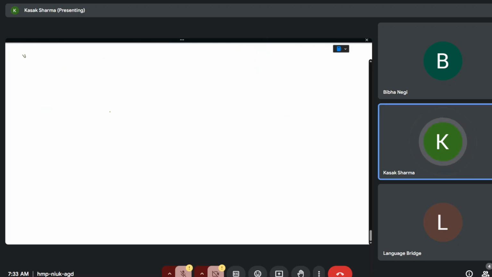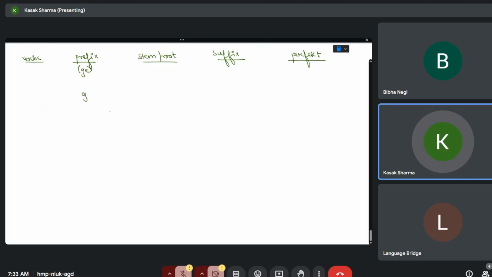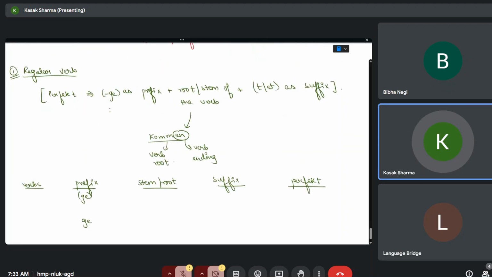So we have here the verbs, the prefix which is ge, then the stem or root of the verb, then the suffix, and the perfect or the Partizip II of the verb. So the prefix is ge only, and the suffix will be either t or et.